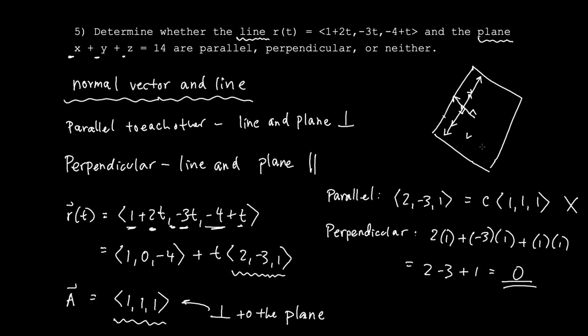Now, if this vector is perpendicular to the plane, and the line is perpendicular to this vector, then we know that the line and the plane have to be parallel to each other. So the answer to this question is that the line and the plane are parallel to each other because the direction vector and the normal vector to the plane are perpendicular to each other.